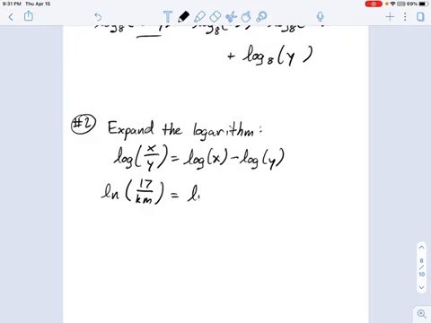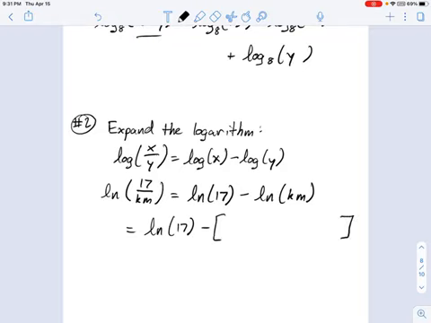I can say this is the natural log of 17. And then because this is in the denominator, it gets a minus sign. Okay, so what's in the denominator? km. So it's minus natural log of km. Well, I can expand km further. And this becomes natural log of 17 minus, okay, I'm going to put a big bracket here because there's stuff going inside there.